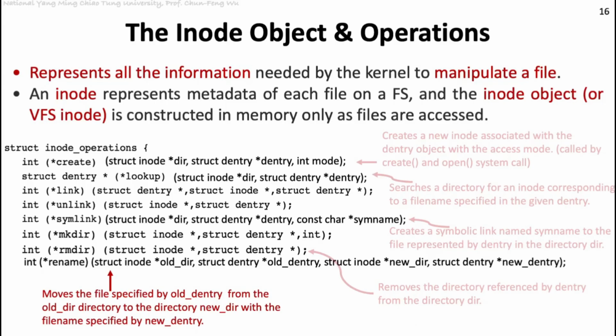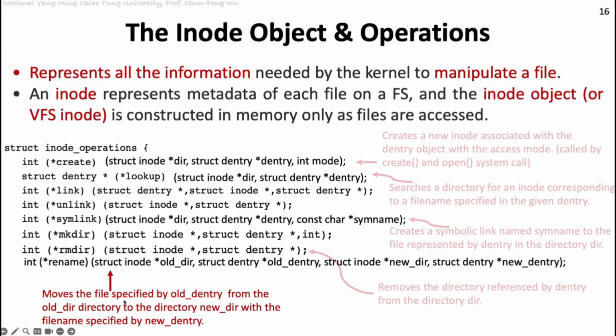When you rename a file in the Linux command line, there is no rename command, because you need to move the file from one name to another name. You use the mv command to move the file from one name to another. So in Linux, it moves the file specified by old entry from the old dir directory to the new dir directory.